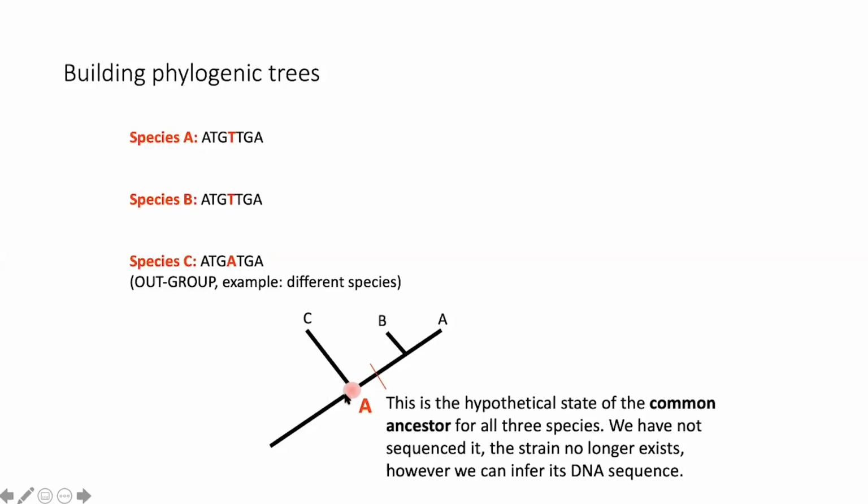Once we establish that prediction, then we can put these mutations on the phylogeny. In this case, this is a mutation that changes this A to a T. So this common ancestor here that gives rise to B and A will have a T at this location. You can see that here, the T.